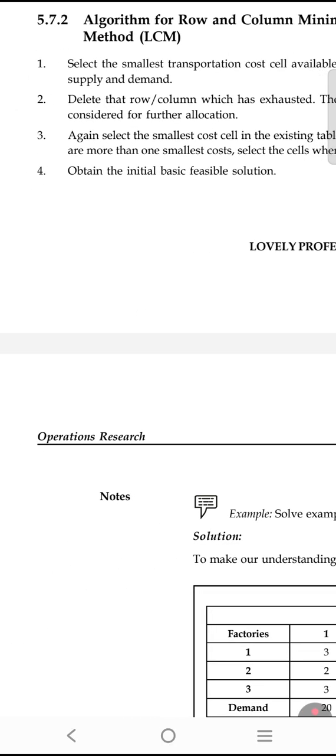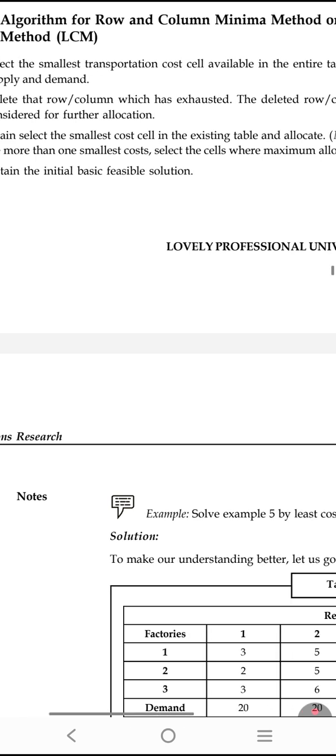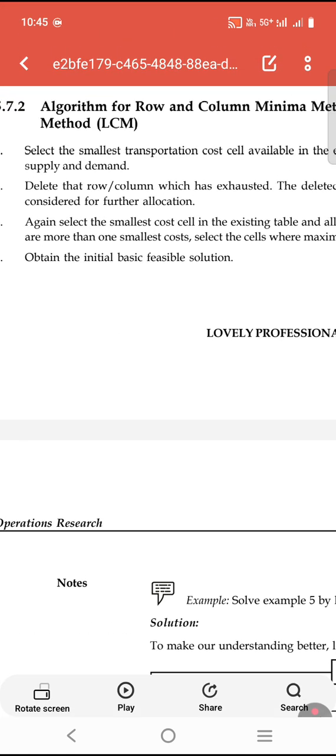That is, select the smallest transportation cost cell in the cost matrix and allocate the minimum value of supply and demand. Make the allocation in the smallest cost cell.